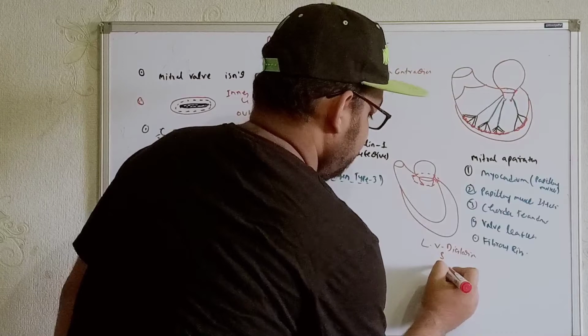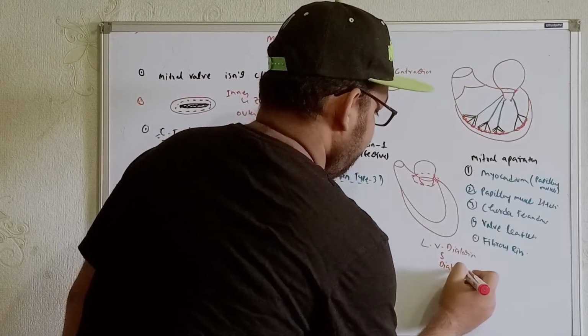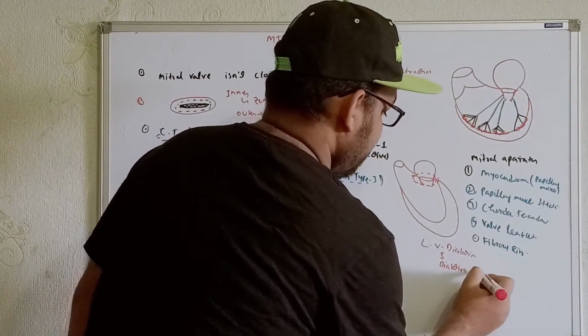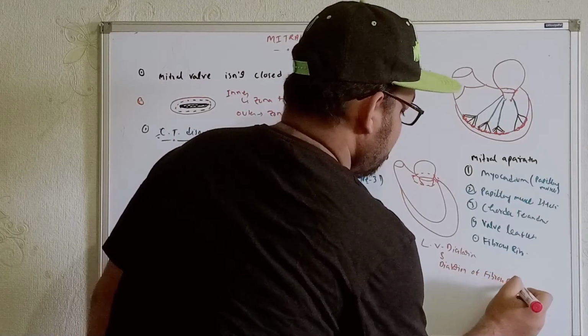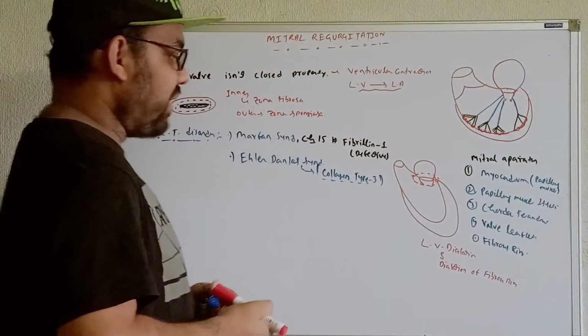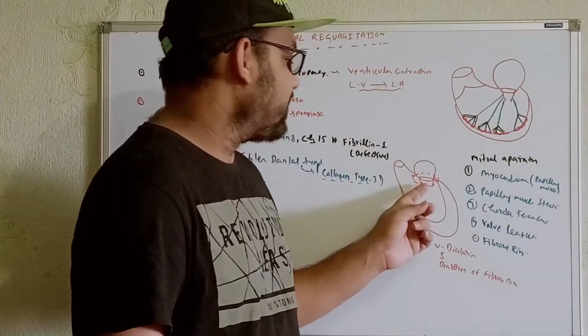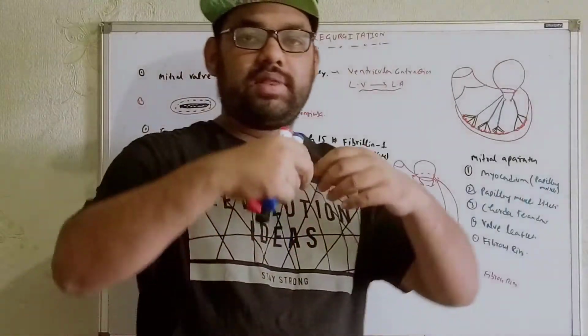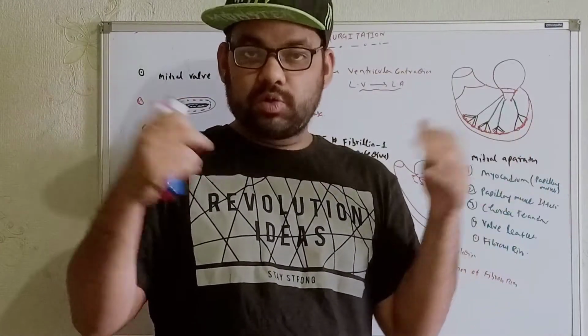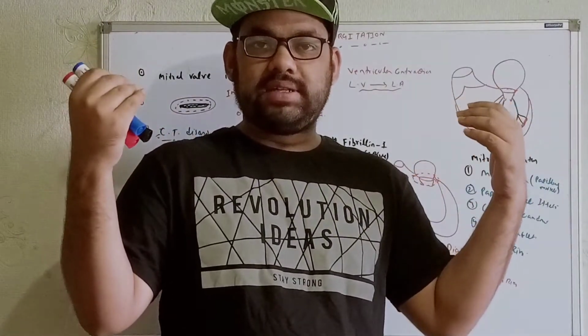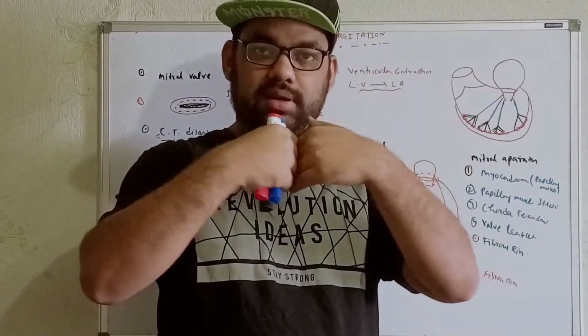Dilation of the fibrous ring. So whenever the fibrous ring is getting dilated, try to understand, whenever the valve is supposed to be closed, the valve leaflets come towards each other and after that just close.